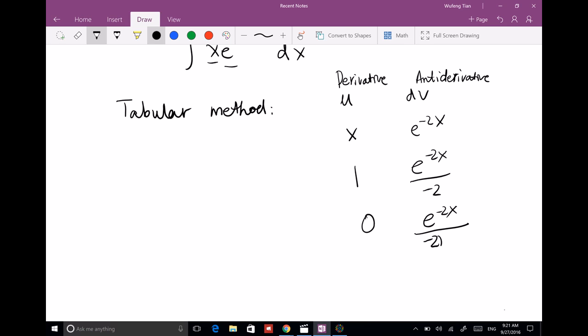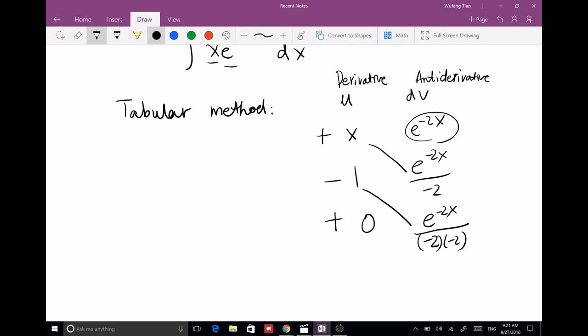You have another negative 2 again, so it's e to negative 2x over 4. Okay. Now, what do we need to do? We use the signs plus, minus, plus, alternating. And then cross. Alternate, cross, u times v. That's u, that's v, because this is dv.